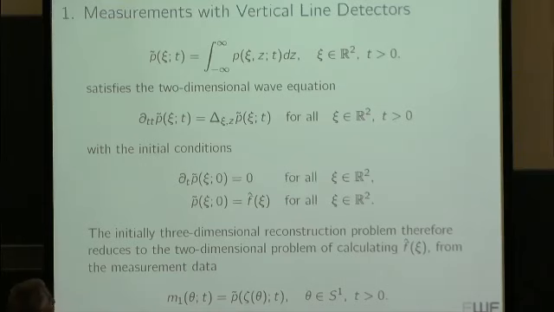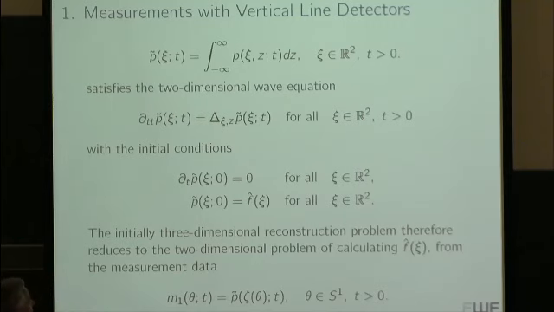Now I derive reconstruction formulas for all of these four cases. First of all, illumination in this plane, measurements with line detectors in orthogonal or vertical. The trick which you always do in these cases is that you reparameterize the wave equation.